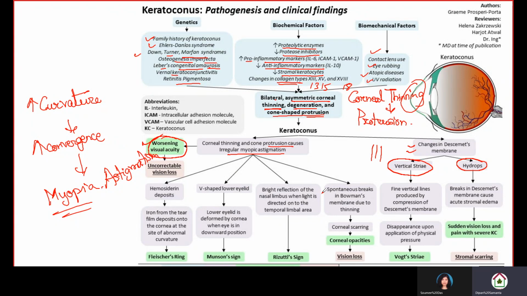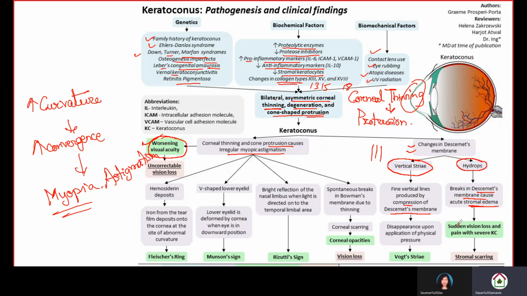Hydrops means accumulation of fluid. Now these vertical lines will be produced by the compression of the Descemet's membranes, while this accumulation of fluid breaks into Descemet's membrane and causes acute stromal edema.